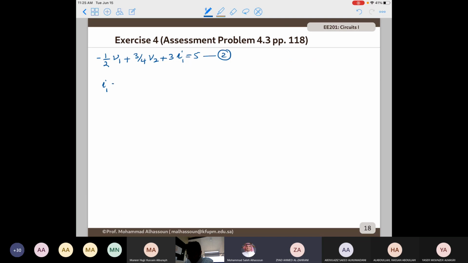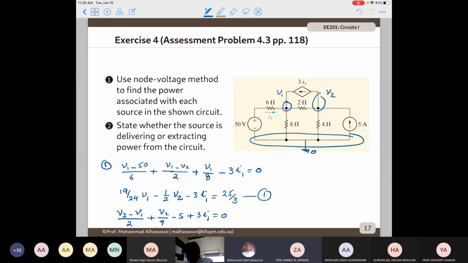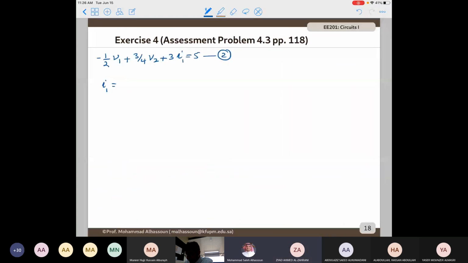It's 50 minus V1 divided by 6, so you will get V1 plus 6I1 equals 50. This is the third equation.